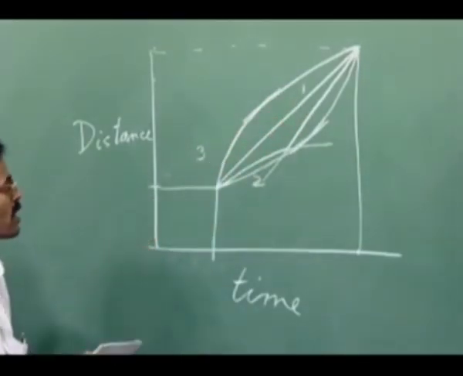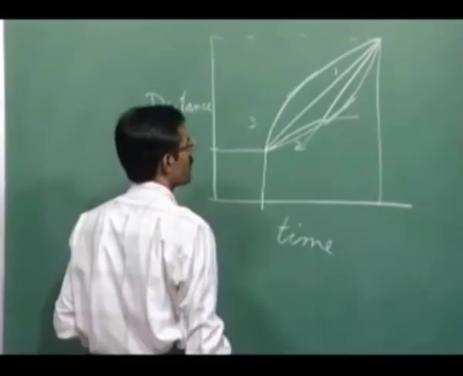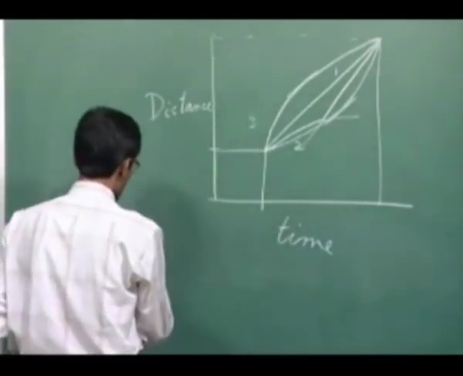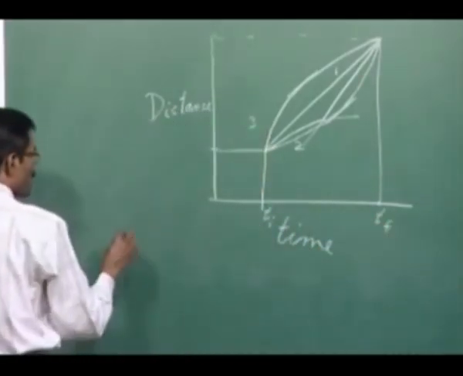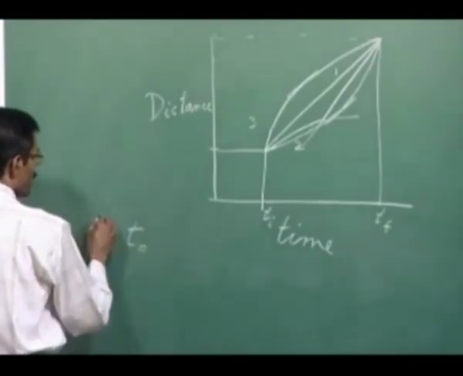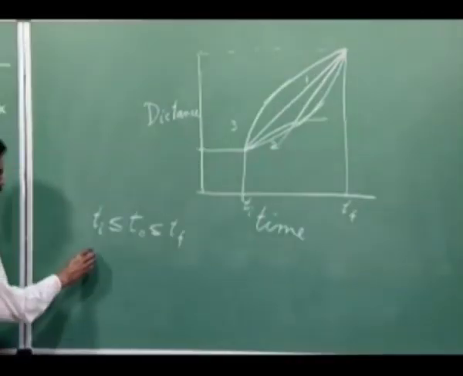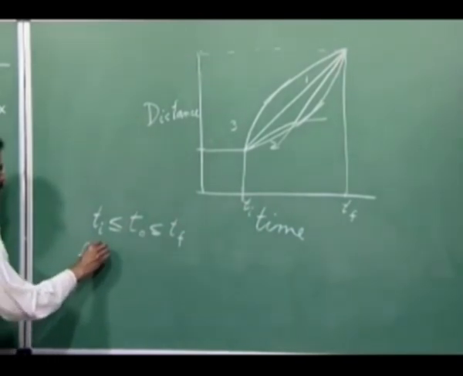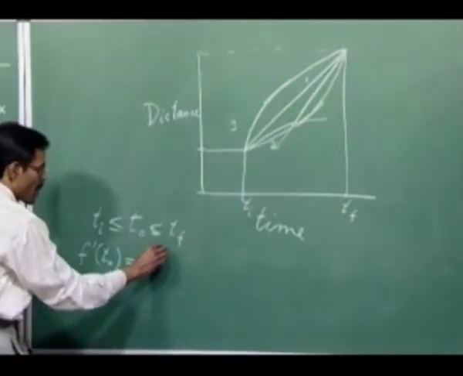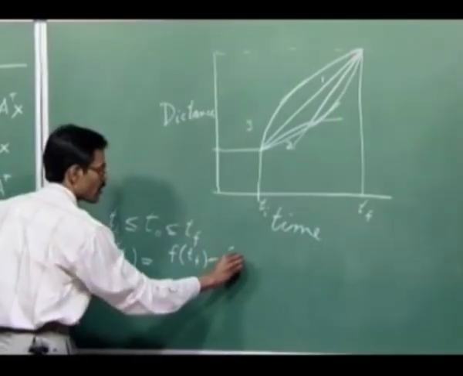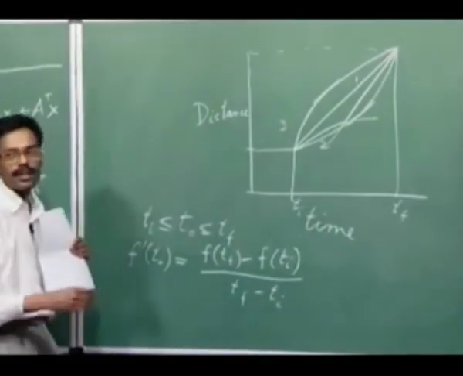So, this in mathematical terms will mean that if the function is continuous and if the first order derivative is continuous, then between t initial and t final there must be some time, say t0, such that at t0 the slope is equal to the average slope. This is Lagrange's mean value theorem, right.